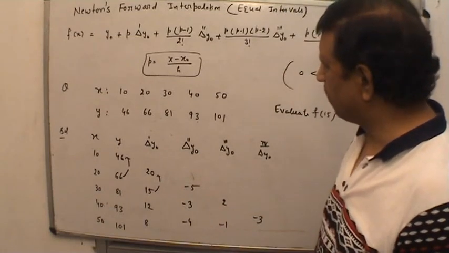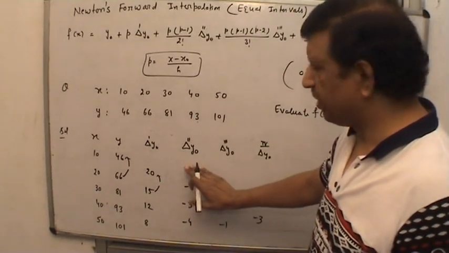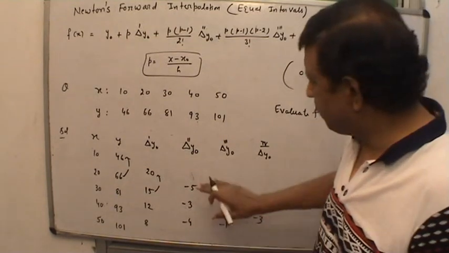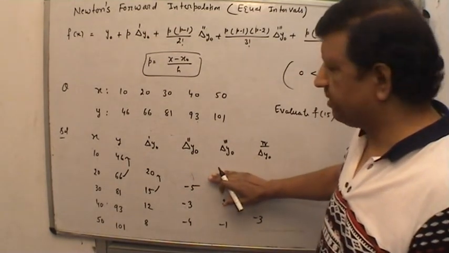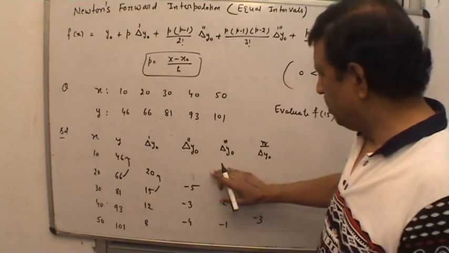Now this is our difference table. It will be the same in the backward formation.